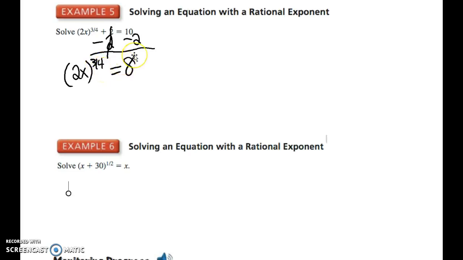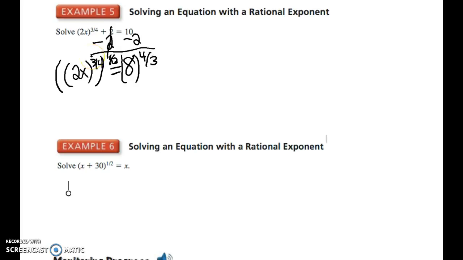equal to 8. From here, we want to get rid of this 3/4 power so we can raise it to the opposite. So just flip 3 over 4, and we would raise that to the 4 over 3 power.